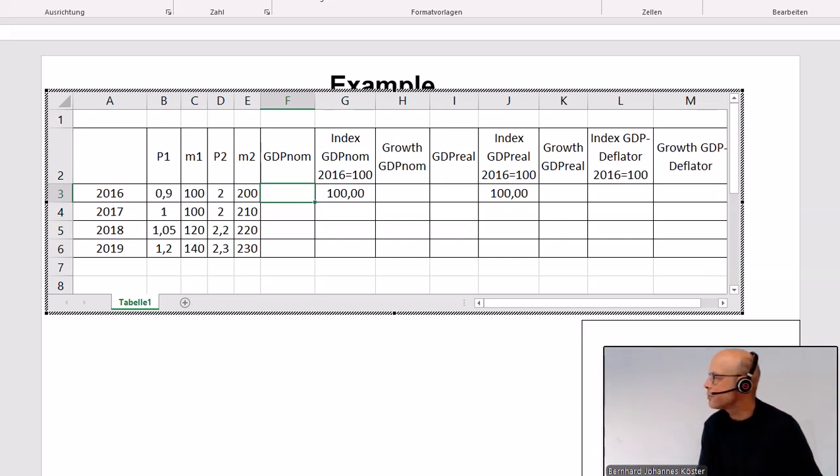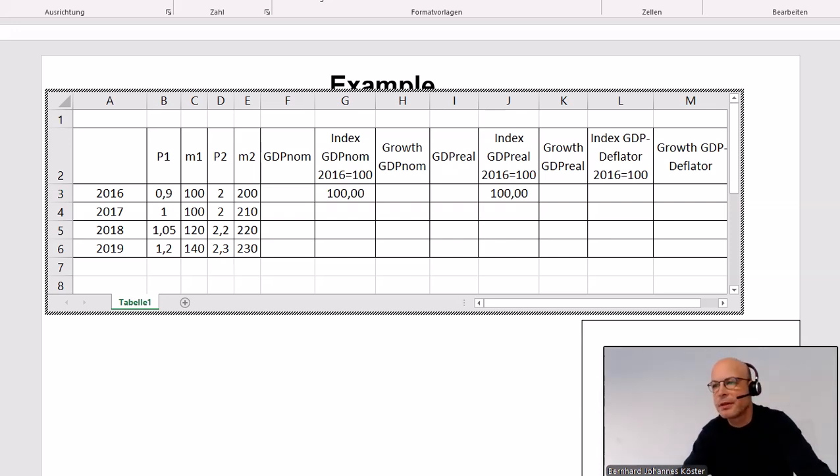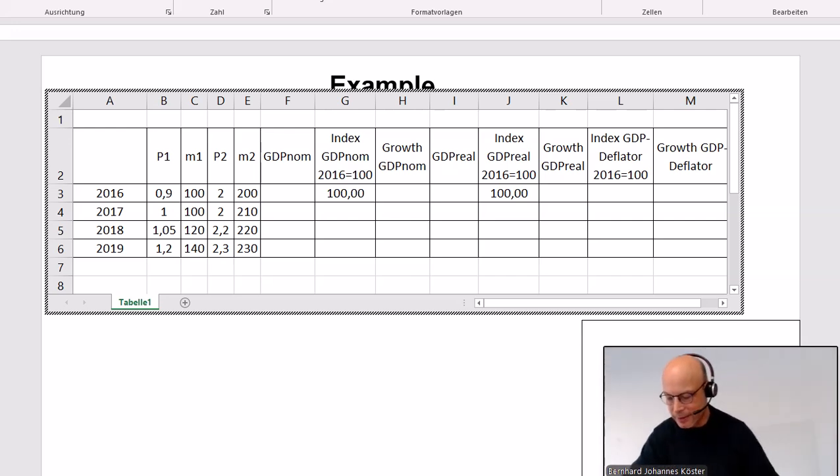Let's try it. The first one is that you should calculate nominal GDP of the year 2016. What do I have to do? You just have to use the definition. Great.